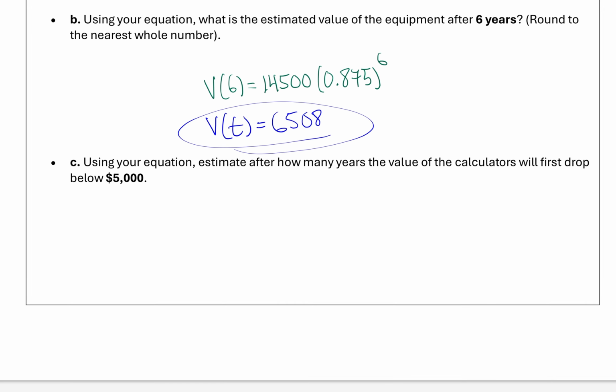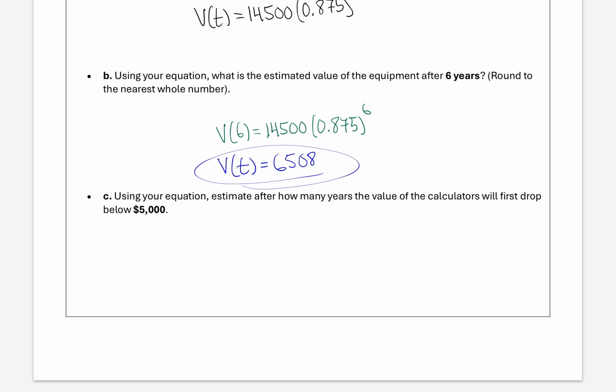Now it's asking us, using your equation, estimate after how many years the value of the calculators will first drop below $5,000. Now, hopefully I fixed this on your document by the time that you watch this video, but this will specifically say at what year will the calculators first drop below $5,000? At what year?